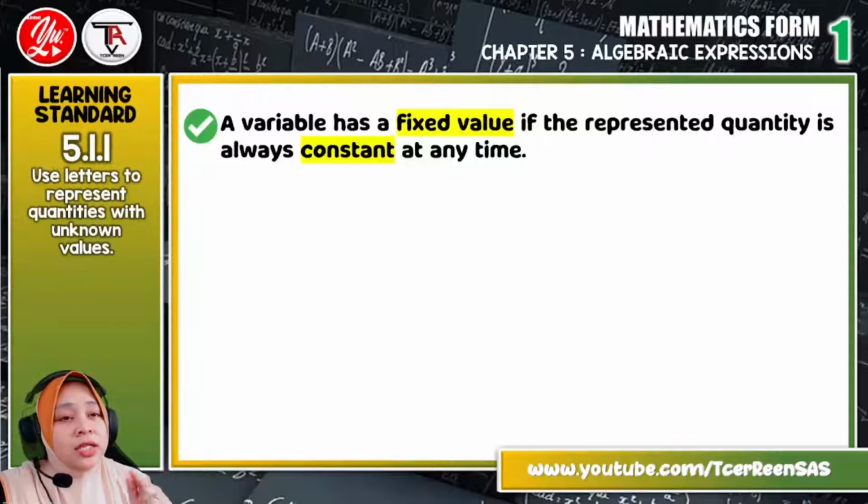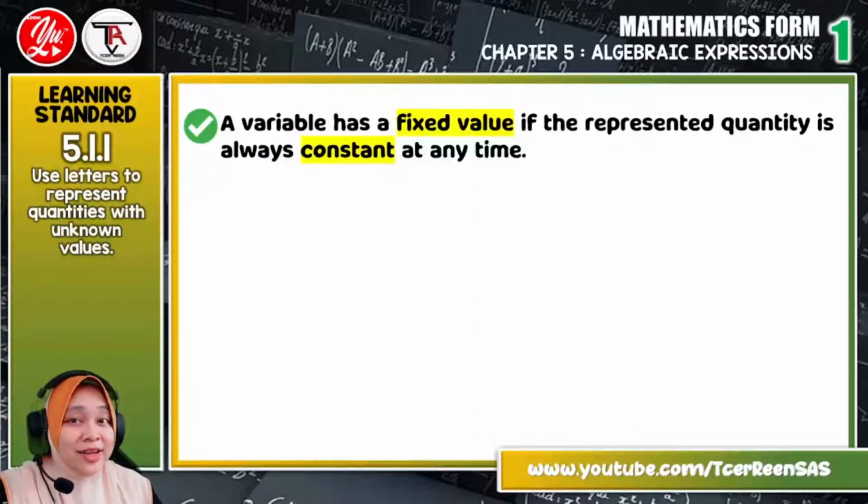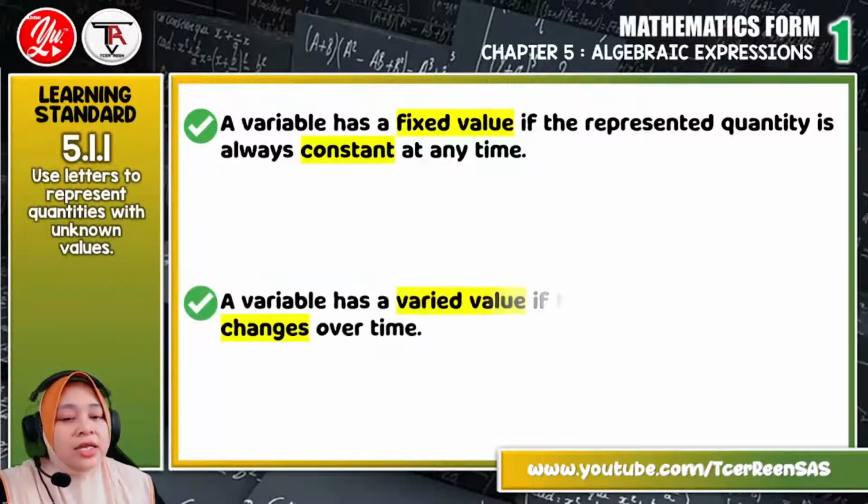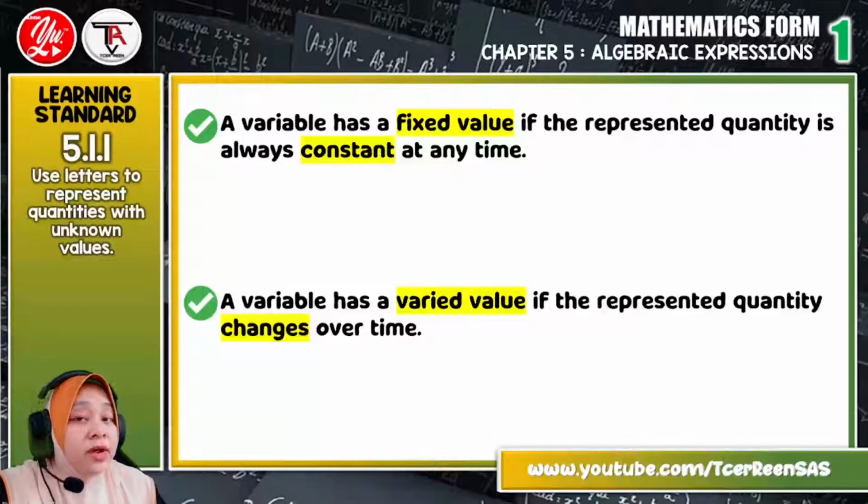So, in this situation, the variable that has fixed value is X, which represents the donation from Mrs. Alicia, right? Okay, and a variable has a varied value if the represented quantity changes over time. From the situation, we can say that Y, which is the donation from Mr. Hazri, is a varied value.